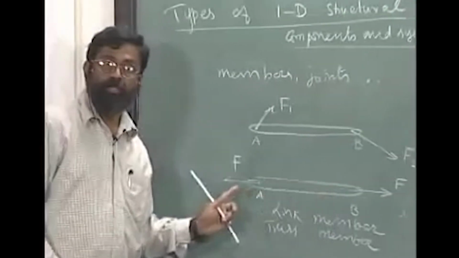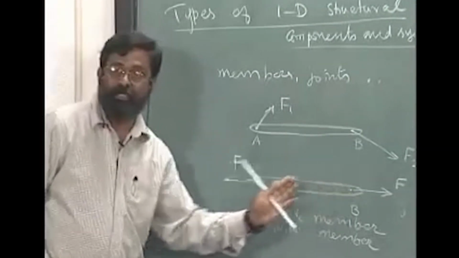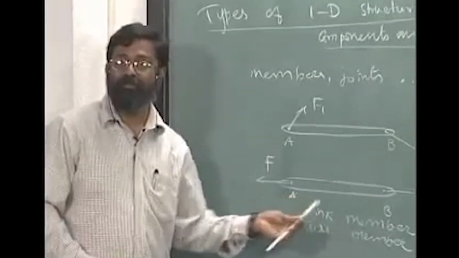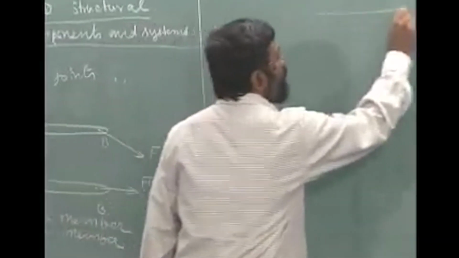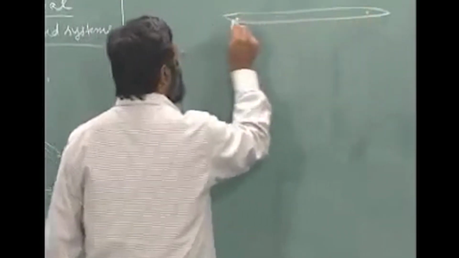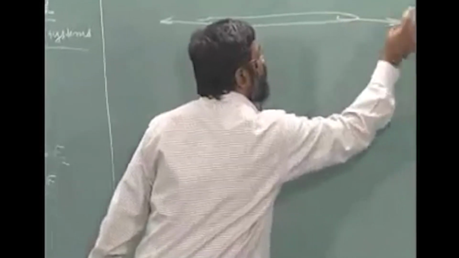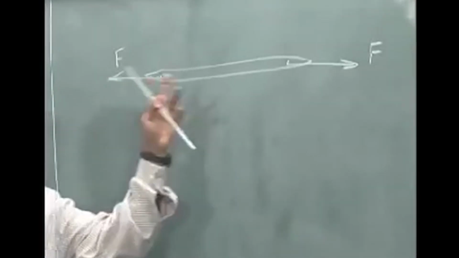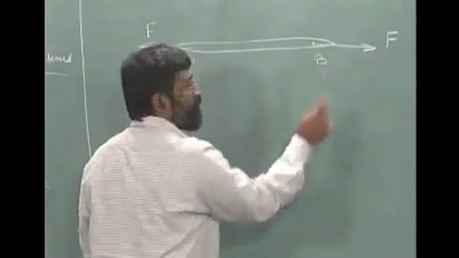Another thing to note is, if you find out the internal forces in this member, we will get an idea as to what type of internal forces act in this. Let us examine that. Supposing I take this particular member, which is a link member, and I already know that the force acting on this can be reduced simply as equal and opposite forces acting at A and B like this.